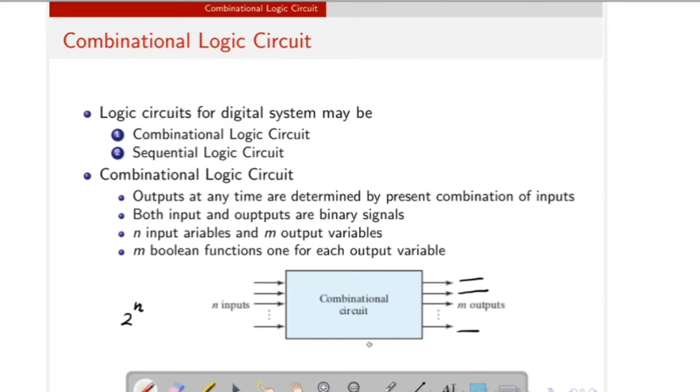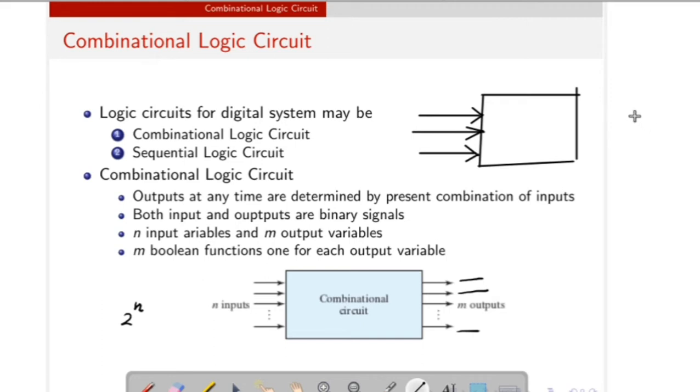So the Boolean expression for the combinational logic is the Boolean expression for all the m outputs. Okay. So for example, consider a combinational circuit with 3 inputs and 2 outputs.